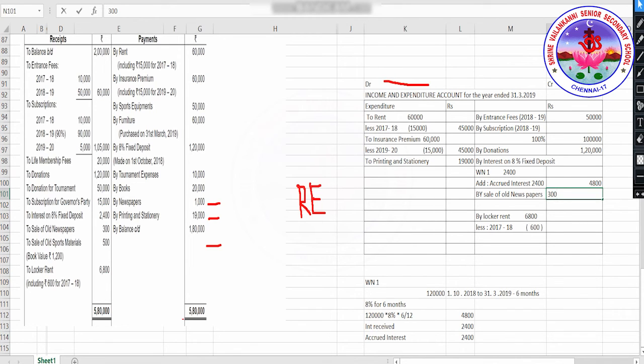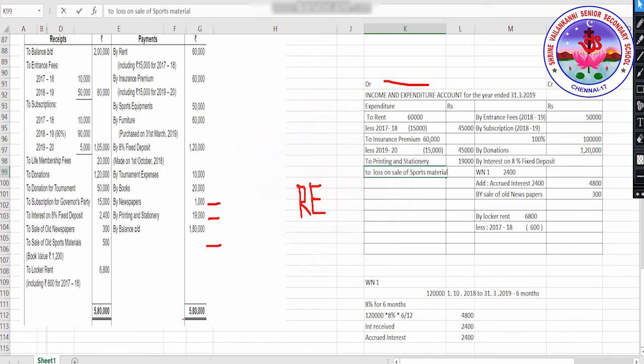Then sale of old sports material. There is a loss on sale of old sports material, which should be mentioned in the debit side as loss on sale of sports material.